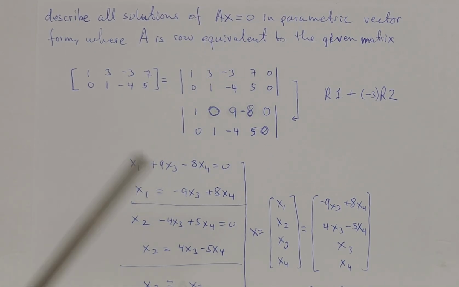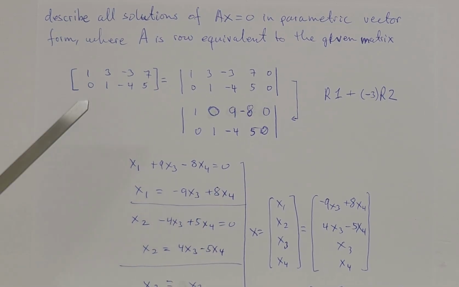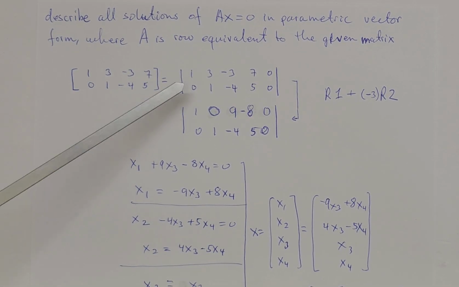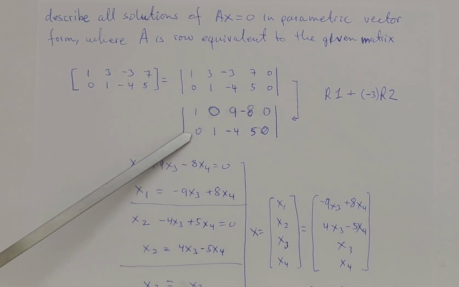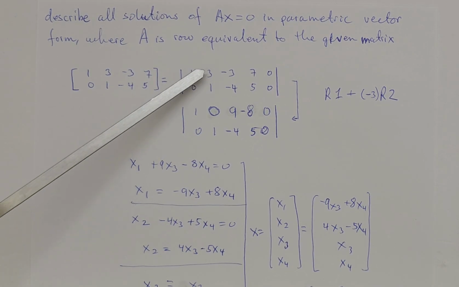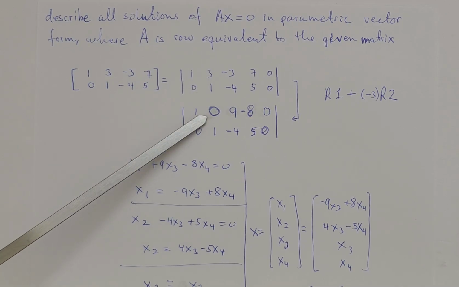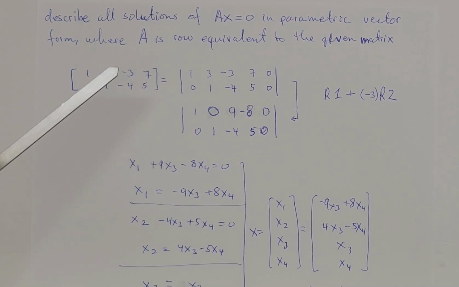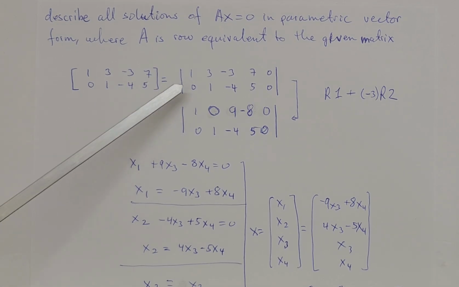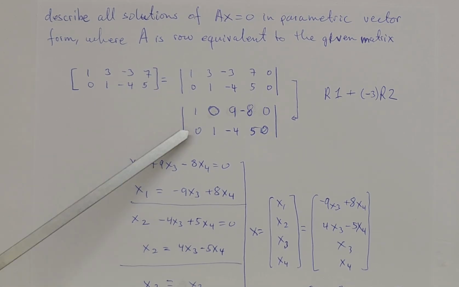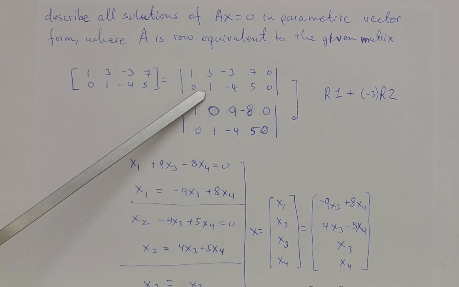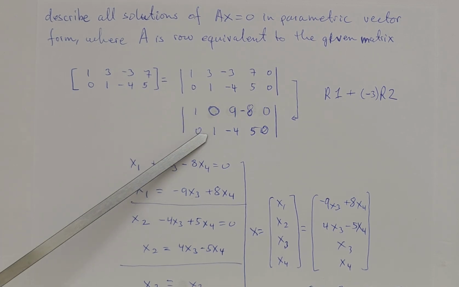Now we just have to solve. This is a 1, so it stays as is. This is a 0, it stays as is. The only thing we're going to change is this 3. We want this 3 to become a 0. This 1 is already a 1, leave it alone. This 0, leave it alone. This 1 right here is also already a 1, so we leave that alone.